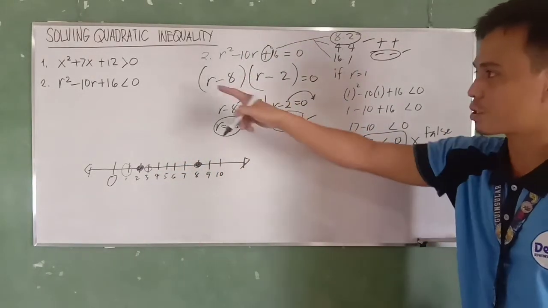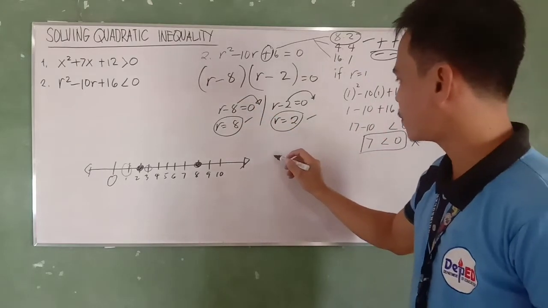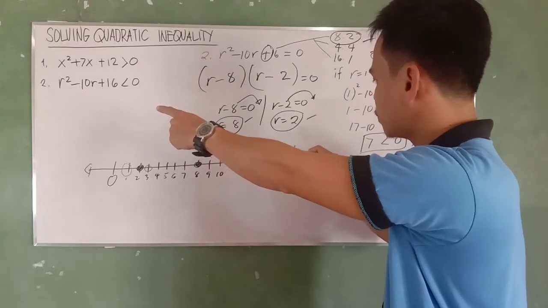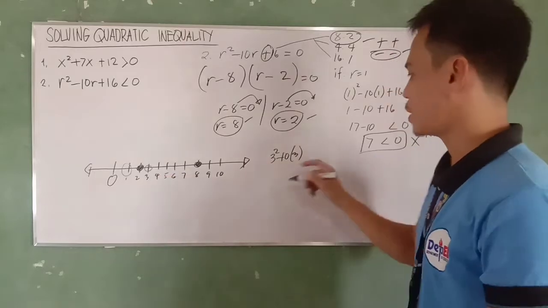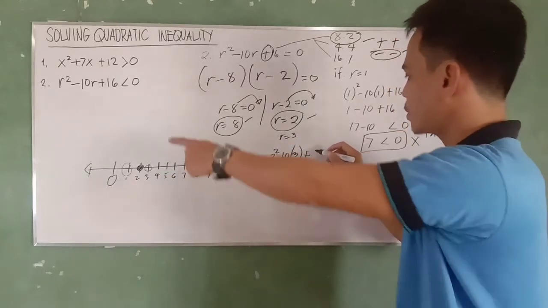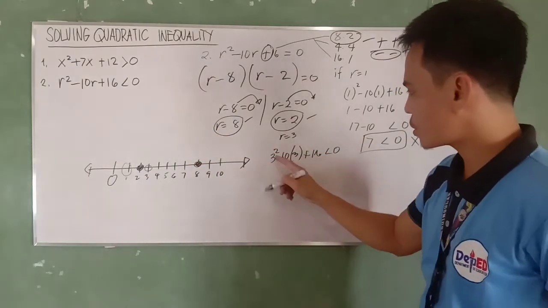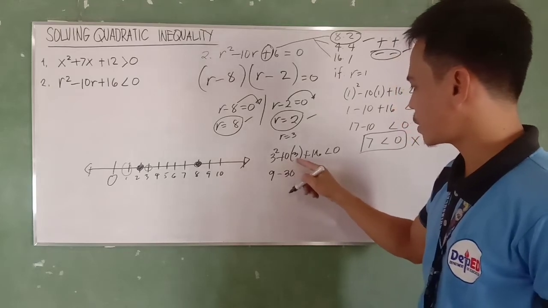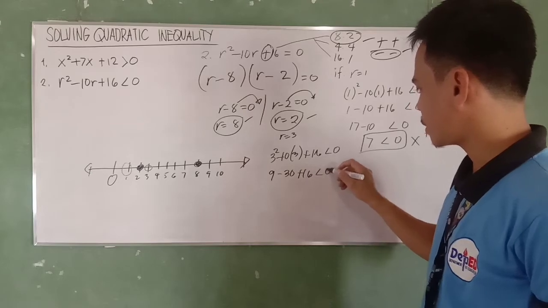If it satisfies the original given inequality. So if r is 3, so therefore, 3 squared minus 10 multiplied by 3 plus 16 is less than 0. Okay? So this is 3 squared is 9 minus 30, 10 times 3 is 30, plus 16 is less than 0.